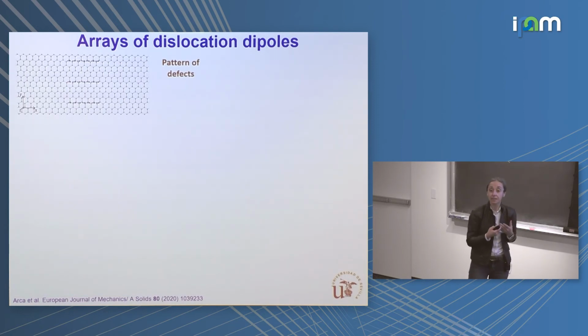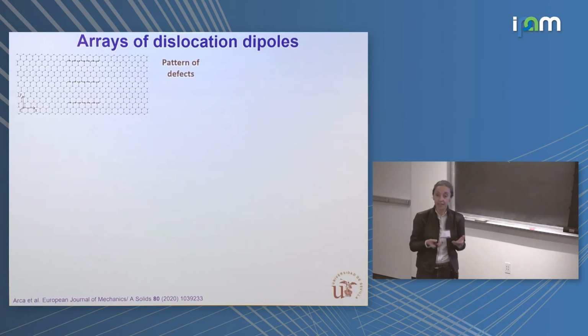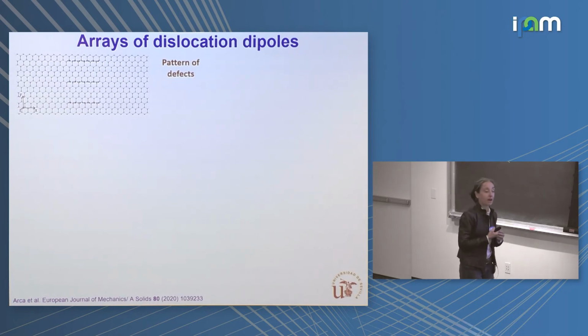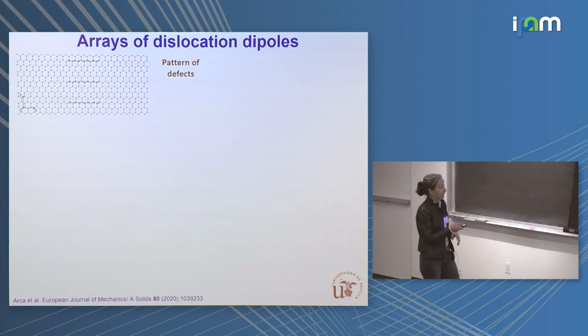Okay, so the next study is to see what arrays of dislocation dipoles do when they interact with each other. So again, it's another situation in which geometry is important, because the geometry that you have is going to change completely the electronic behavior of the lattice. So let's define a number of dipoles of a given length. This is the length of the dipoles, and this is the distance between dipoles.